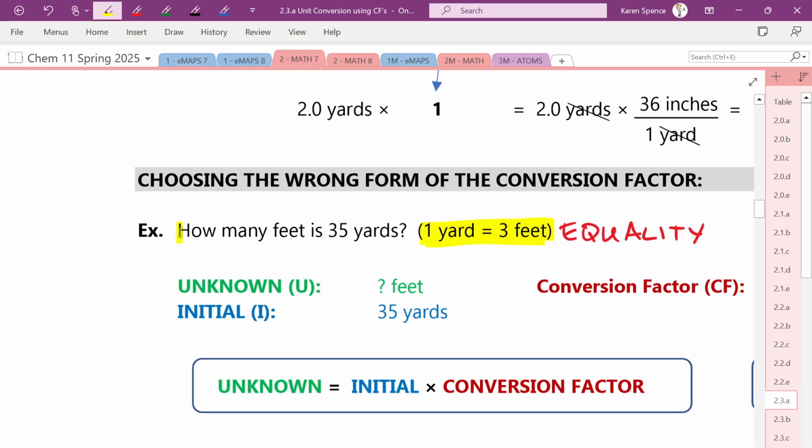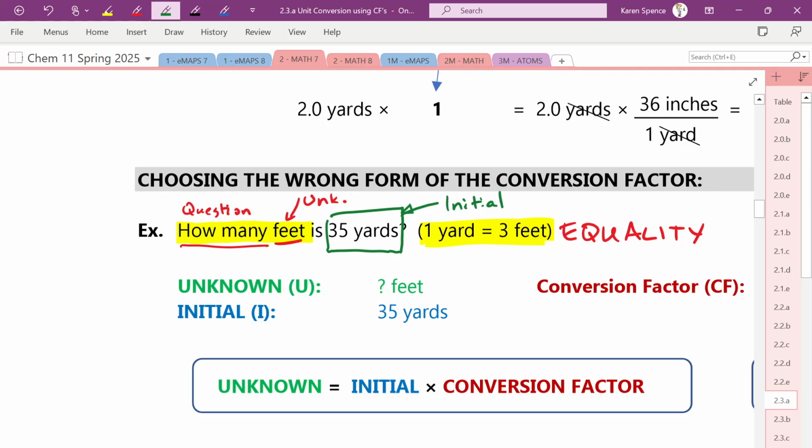Our unknown, how many feet? There's our question word. So that's going to be our unknown, the feet. 35 yards, that is our initial quantity. Whatever you're given is the initial quantity.